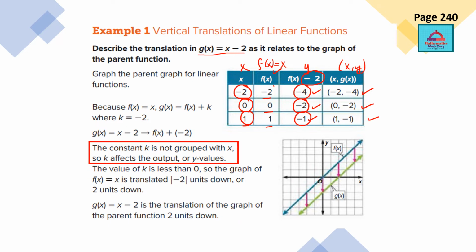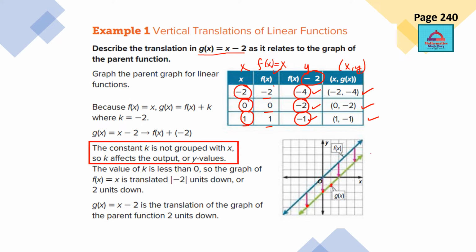So you plot these points. (-2, -4) would be this point, (0, -2) would be this point, and (1, -1) would be this point. So join the line, you get the green line.